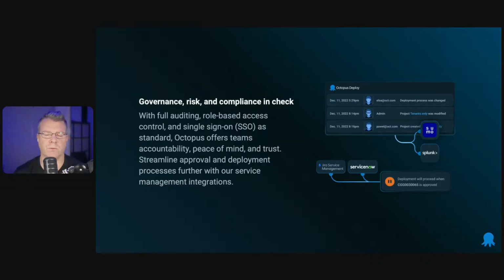ServiceNow has a DevOps capability which allows you to issue change requests, etc., and do deployments, and you can approve those. When you do so, you can have Octopus act in concert with that process. So until someone comes along and says, yes, this deployment is approved, Octopus won't do any deployments. And so these and other sorts of integration scenarios are really powerful, and it's something we support out of the box.